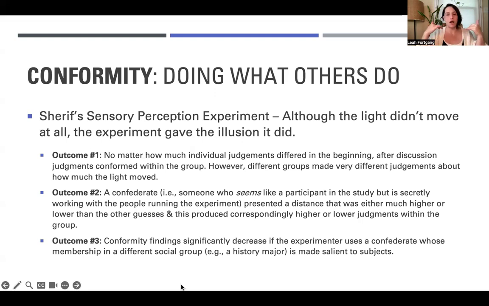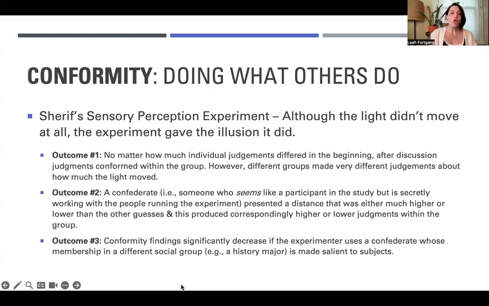That is, presenting information to the rest of the group that really sticks out: the one thing to know about your group members is that the four of you are psychology majors and this one person is a history major. That's what making something salient means.